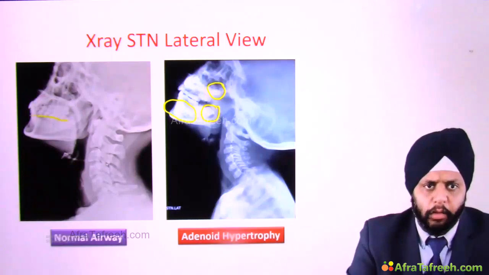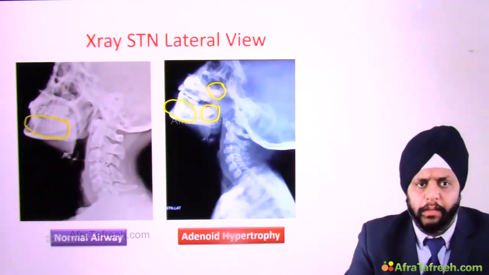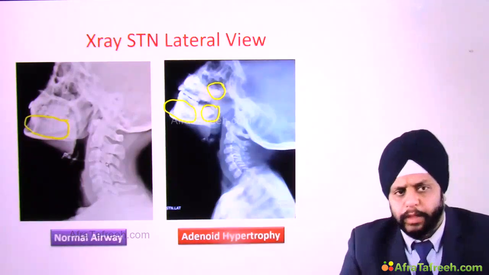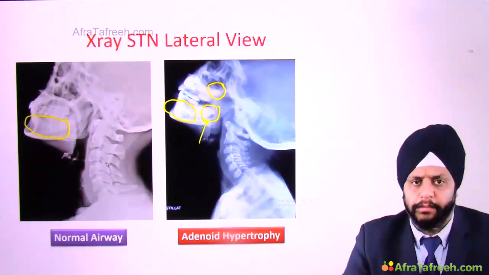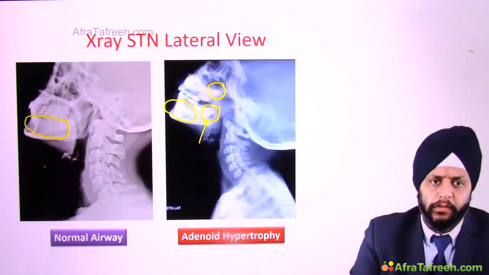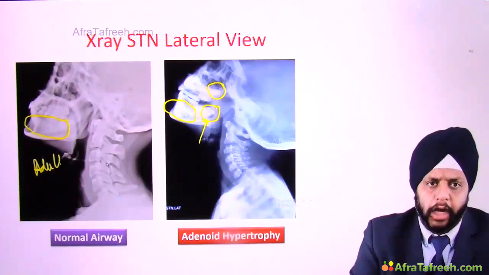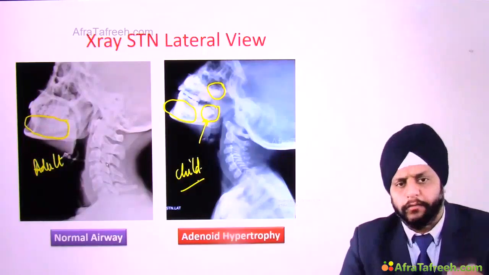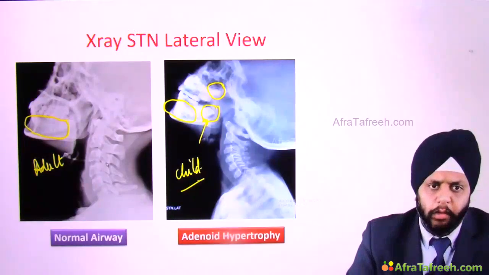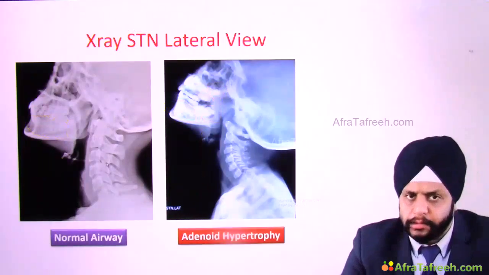Whereas over here you can see that all these teeth are erupted. You can even see the roots of the premolars and the molars, whereas over here you see the unerupted teeth. So that means this was the X-ray of an adult, whereas this is the X-ray of a child. That's the first impression you get if you look carefully at the unerupted teeth.